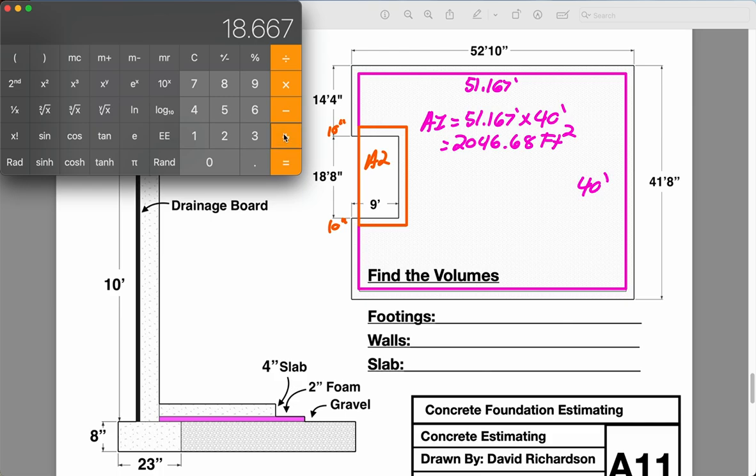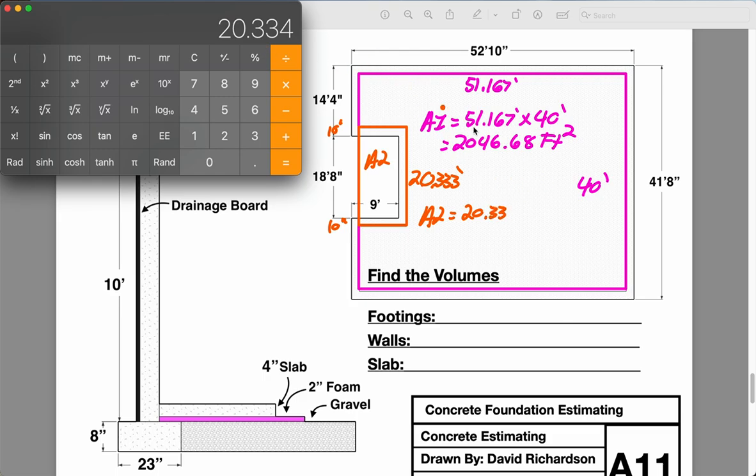That's 1 foot 8 inches, so 1.667. Okay, so we get 20 foot 4. So this dimension becomes 20 foot 4 inches, which is, let me just rewrite that, 20.333 feet.